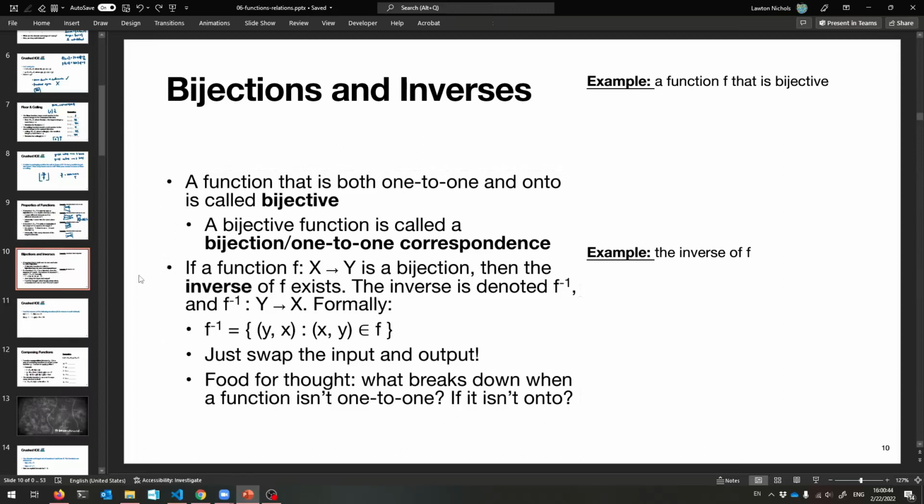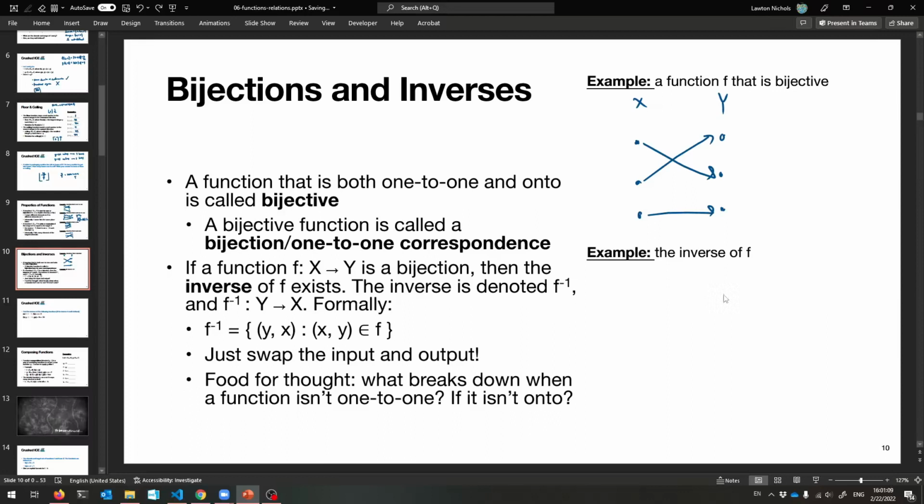So let's talk about a function that's bijective. Here's an example. Here is my domain, codomain, x and y. It is one-to-one, so different elements are being taken to different places, and it's onto, so every element of the target is being hit by some element of the domain.